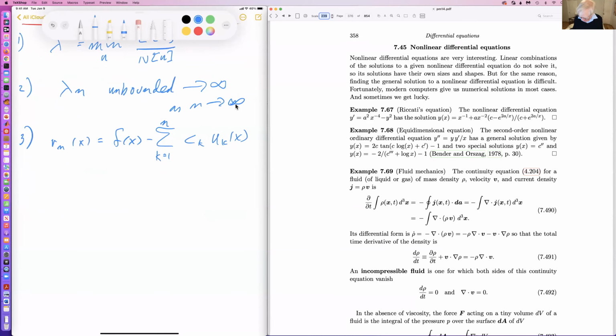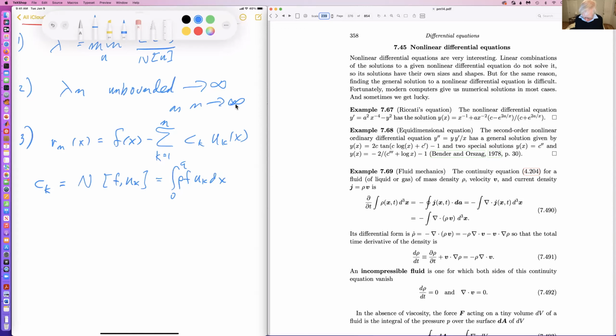we're going to approximate a function f in the domain by a sum of eigenfunctions. And of course, you can see that using the orthonormality of these eigenfunctions, this coefficient ck is an integral over the interval of the weight function, the function f, and the eigenfunction uk.